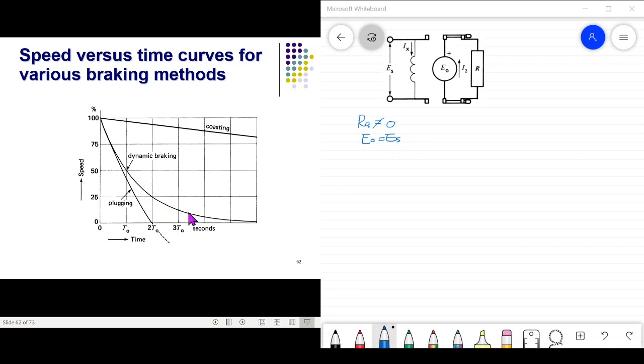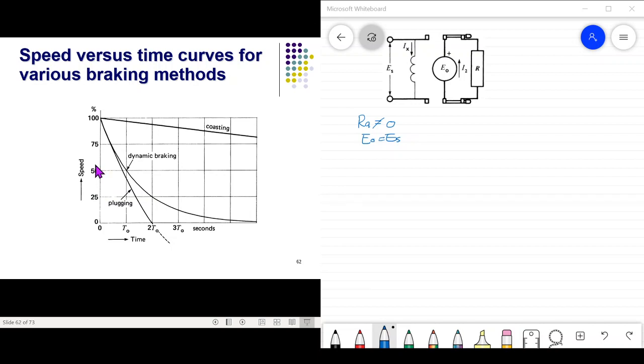The speed drops quickly at first, and then more slowly as the armature comes to a halt. So the speed decreases exponentially, somewhat like the voltage across a discharging capacitor. Consequently, the speed decreases by half in equal intervals of time t0. At time t0, the speed decreases to half of the rated speed.